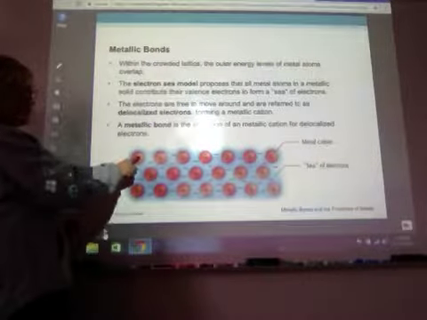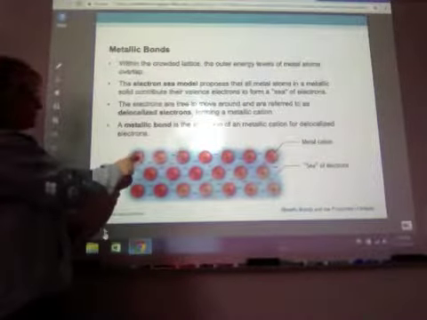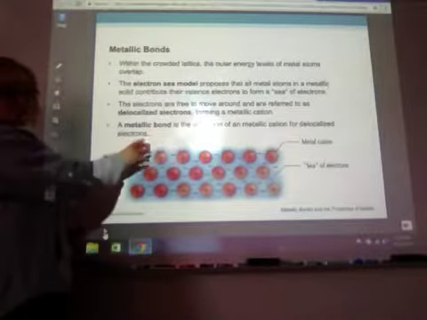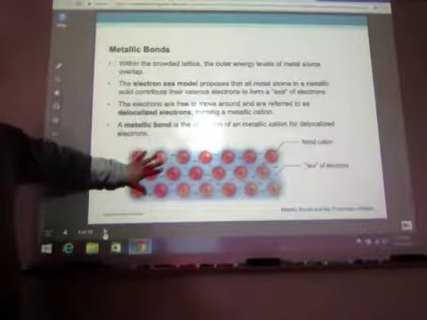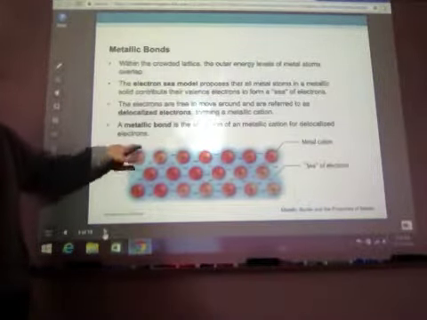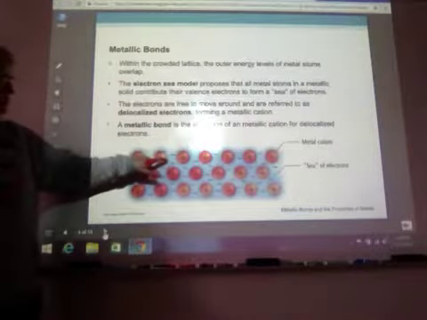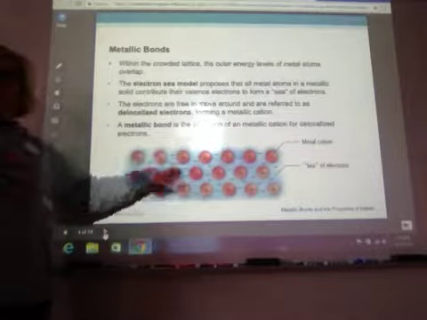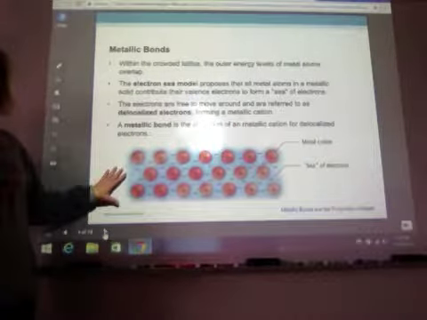Around this copper nucleus, if I have 29 protons, I have how many electrons? 29. So what happens in a metallic bond is these 29 electrons and these 29 electrons are flowing. They're freely moving just around all of those positive nuclei.